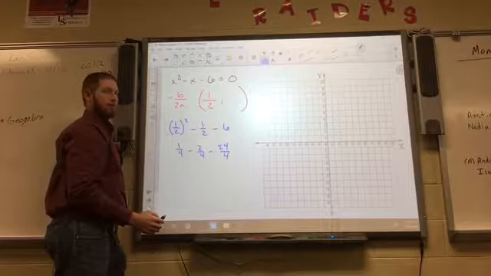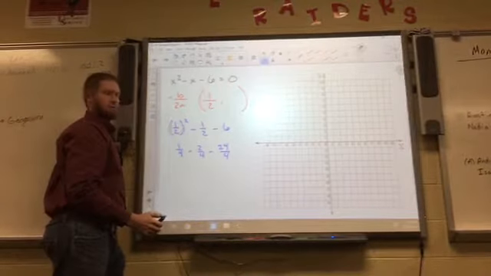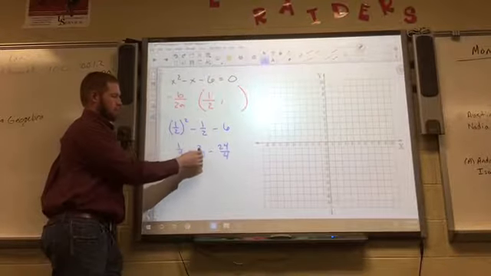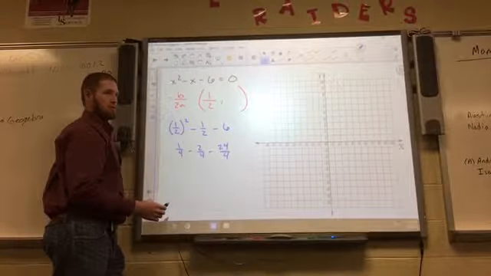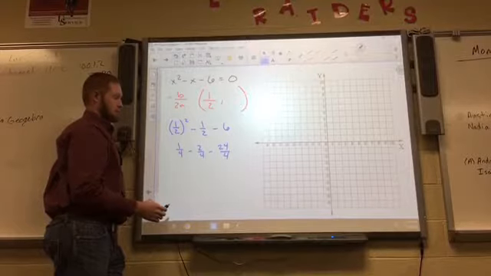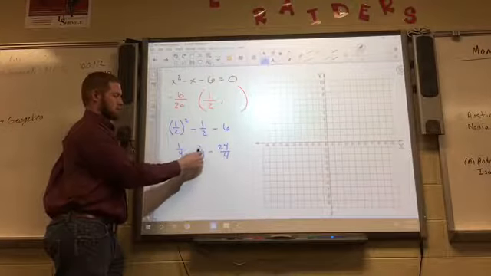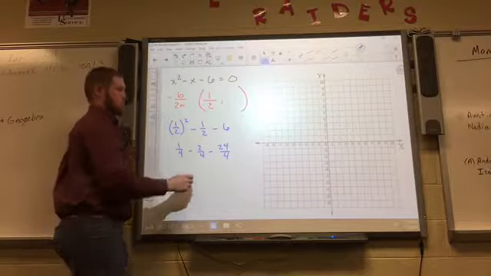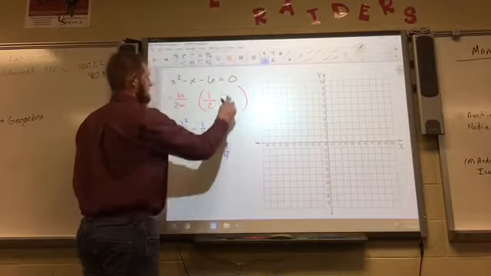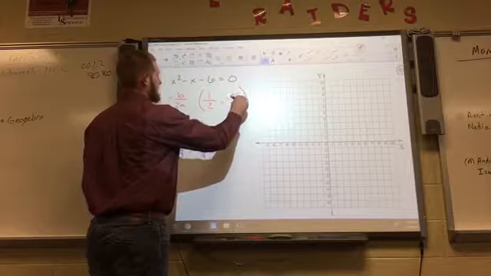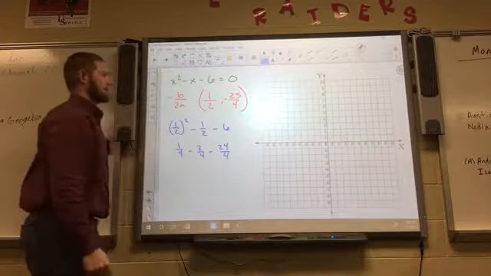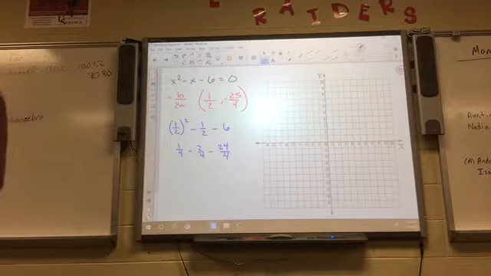The negative 6 is the same as negative 24 divided by 4, right? So I have 1 minus 2, which is negative 1. Negative 1 minus 24 is negative 25. So my y value is negative 25 over 4, which is like negative 6 and 1/4, right?